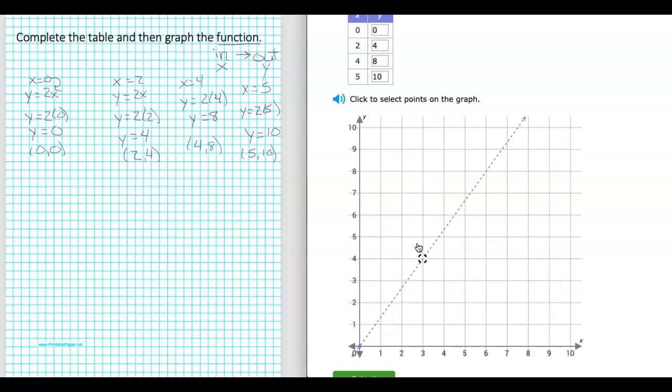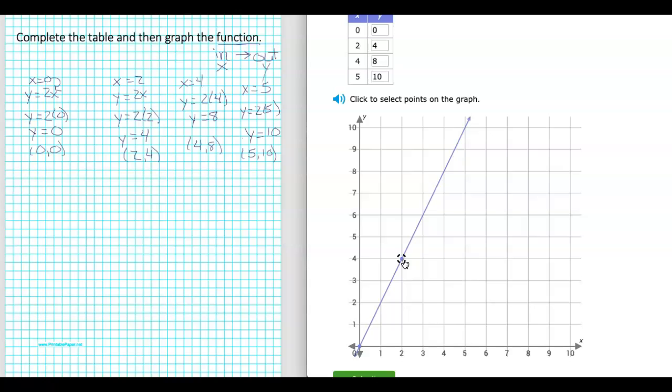Now this is helping, this is a guide. So I'm going to look for 2, 4. Here's 2. And then if I go to 4, there we go. And I'm going to click. Now I have a line. If I don't want it to be there, I decided, oops, made a mistake, I click again, and now I can move my line wherever I want to. If I want it to be there, I click and it becomes a solid line.